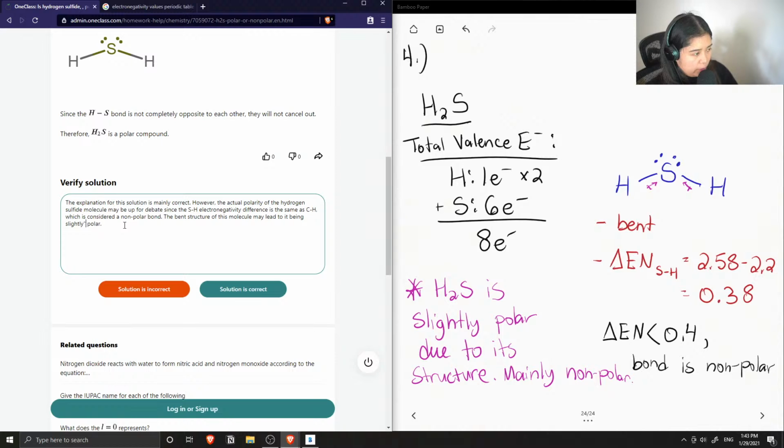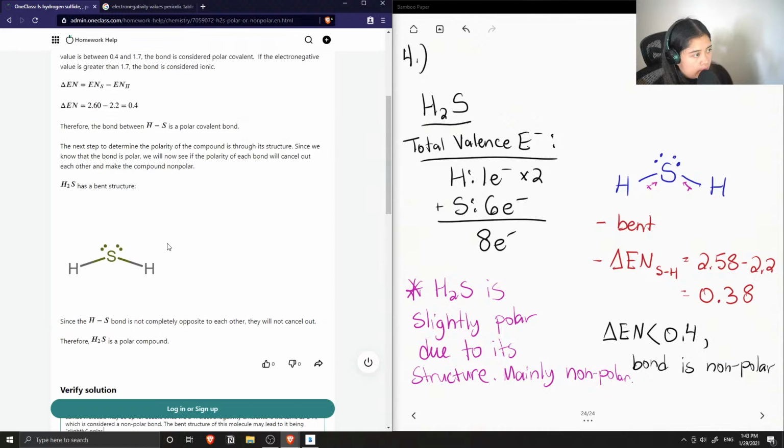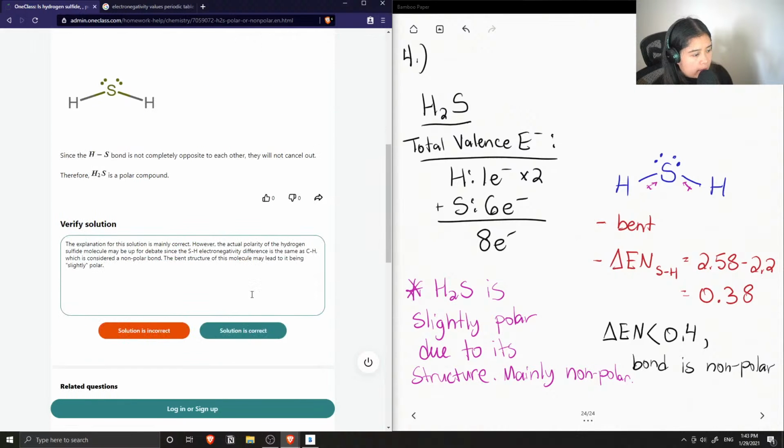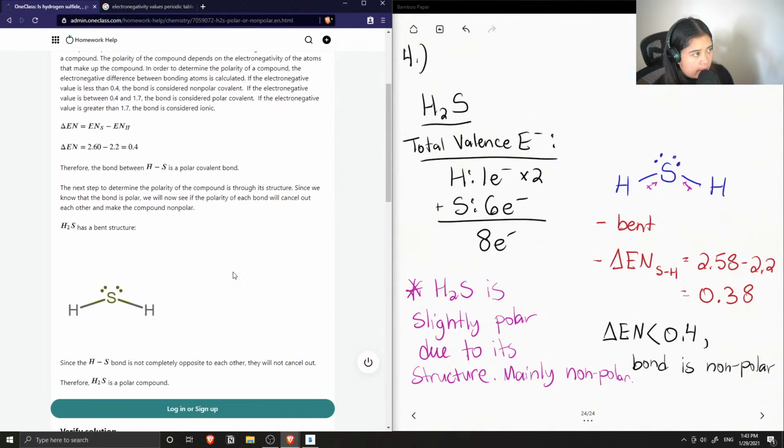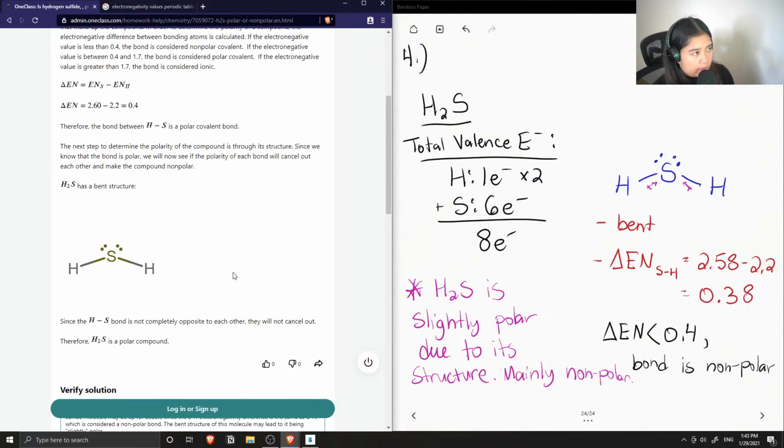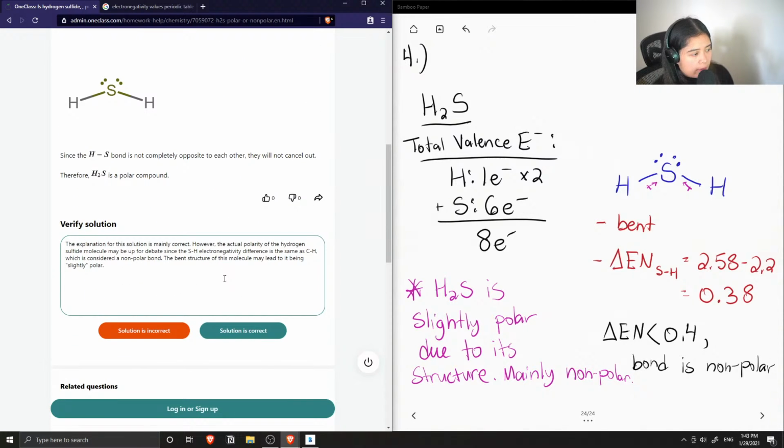I'll just put it in quotation marks, "slightly polar." But I'll still say this solution is correct since they gave some valid points.